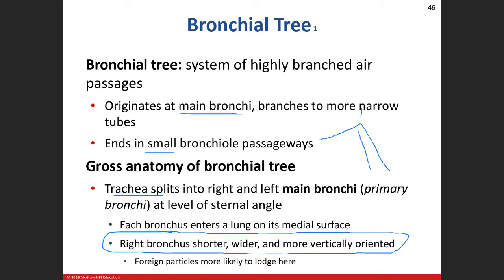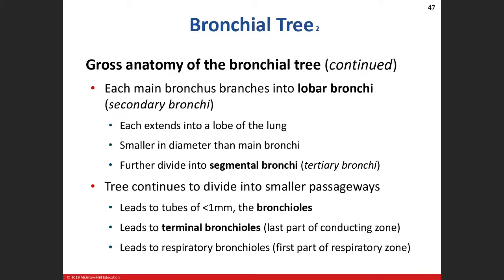So it's easier for stuff to slide down in there, and it's going to affect the right lung more often than the left. The right bronchus is shorter and wider, which accommodates more, but it's also more vertically oriented, so it allows stuff to slip down in there.